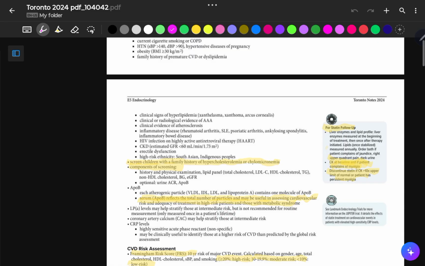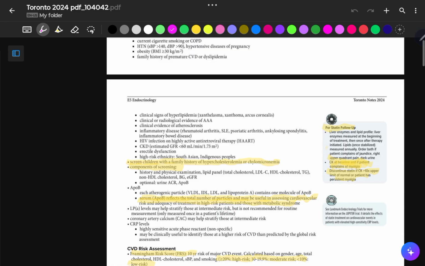Remember, you measure it at the beginning of treatment, you can do that annually, and at any time if the patient on a statin presents with symptoms of jaundice, right upper quadrant pain, and dark urine.